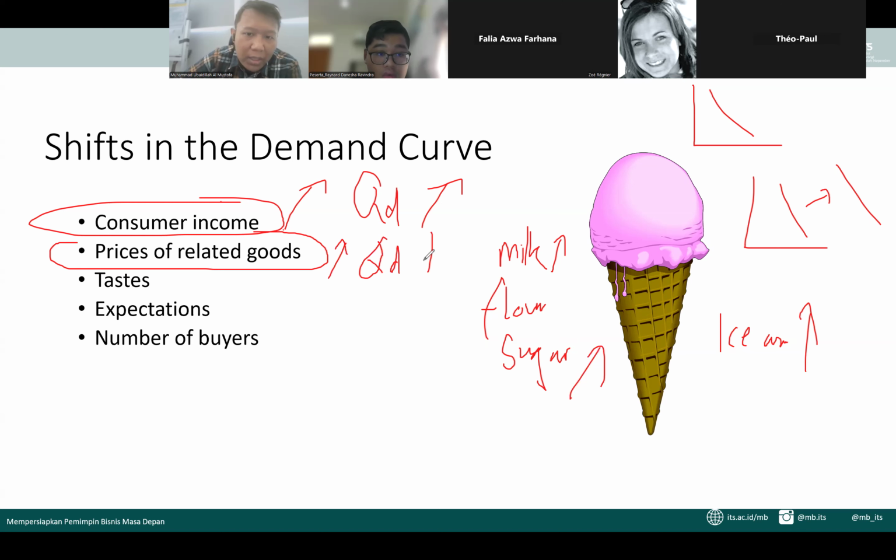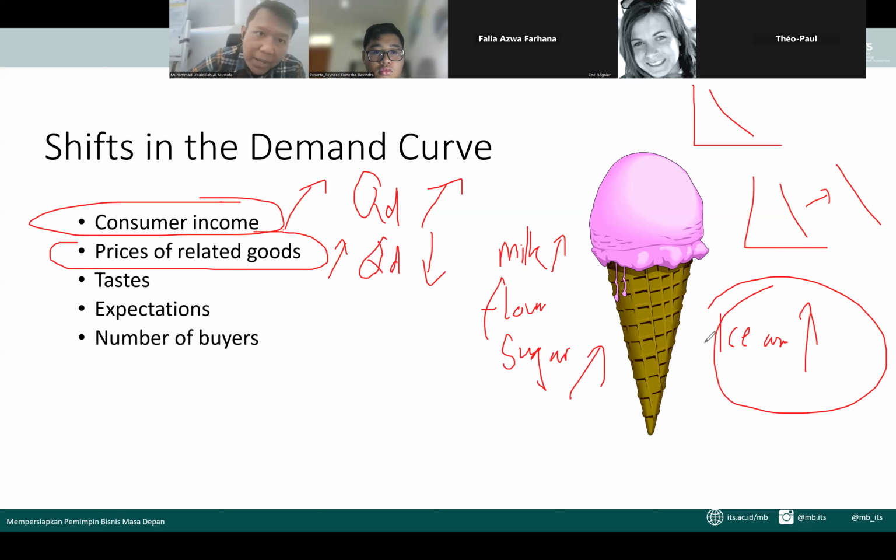The quantity demanded will decrease, because an increase in the price of related goods makes the ice cream price increase. And when the ice cream price increases, what will happen? The demand will decrease, because a higher price will lead to lower demand.